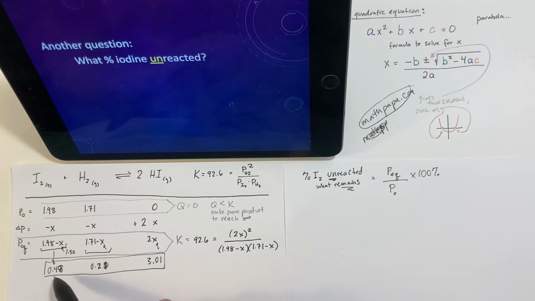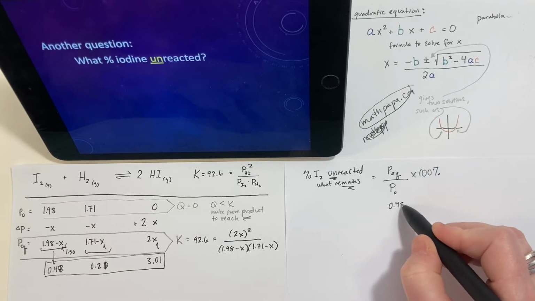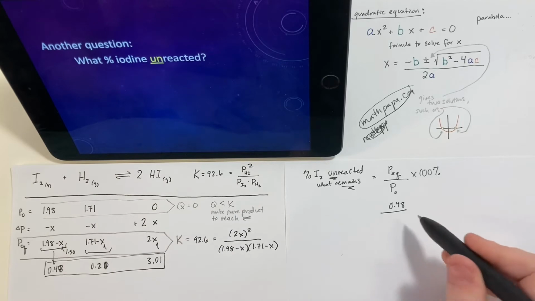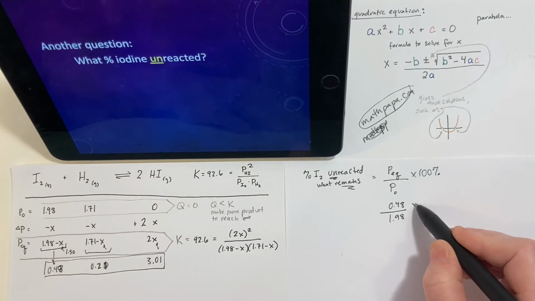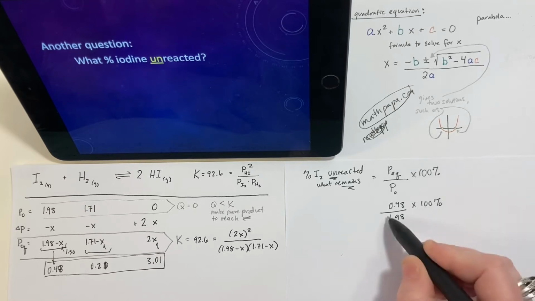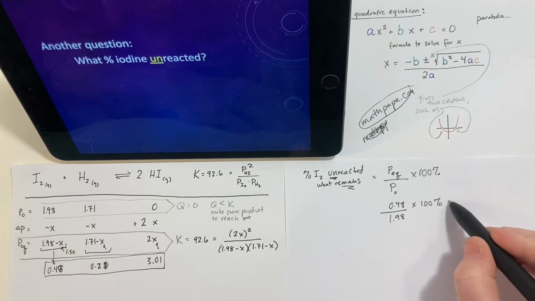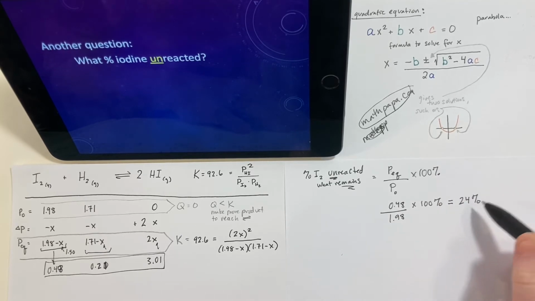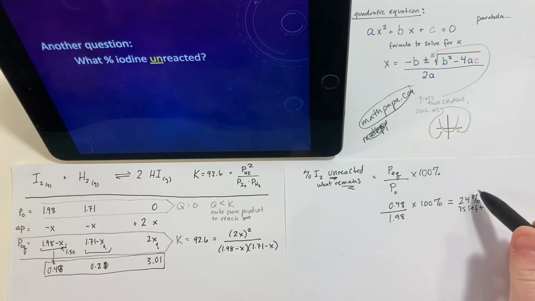So our equilibrium pressure here, if I pick 0.48, over my initial pressure for the iodine, 1.98, times 100%. So 0.48 divided by that times 100% gives us 24%. That's what is left in the mixture.